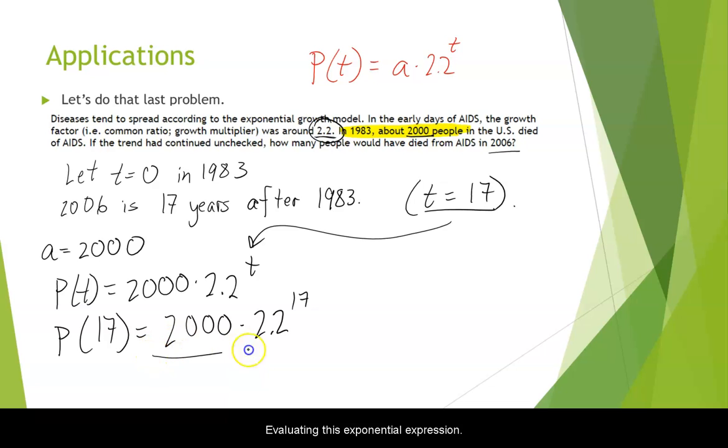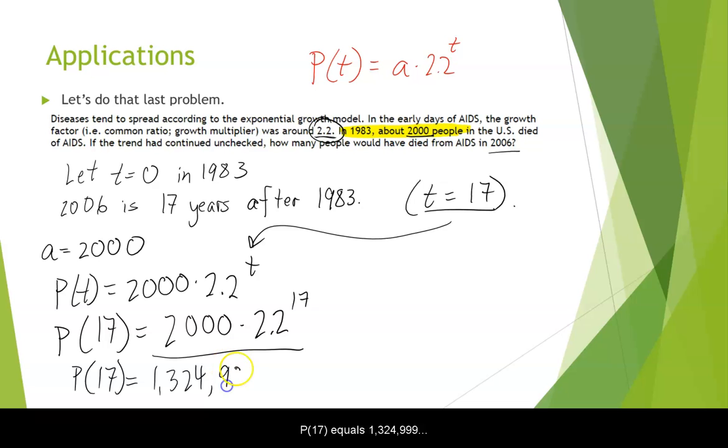Evaluating this exponential expression, I got P of 17 equals 1,324,999,58. How accurate is this number?